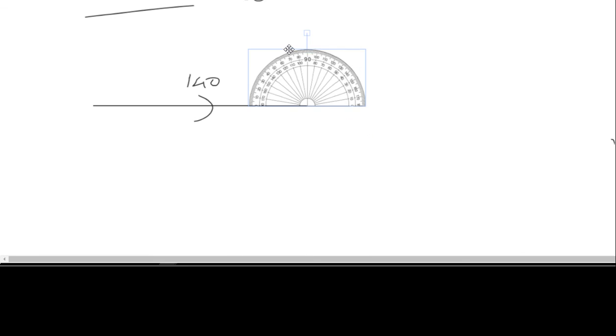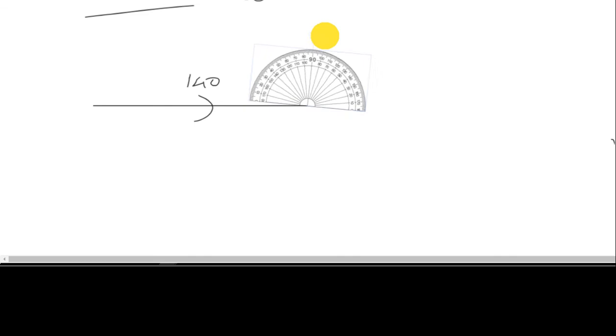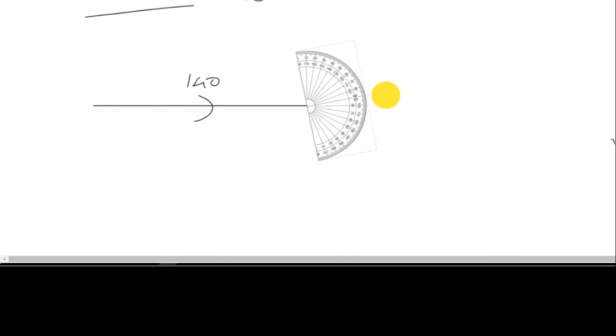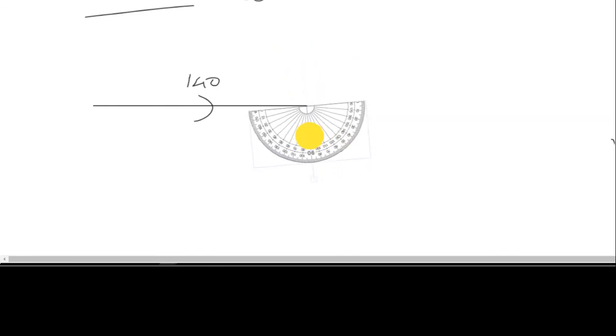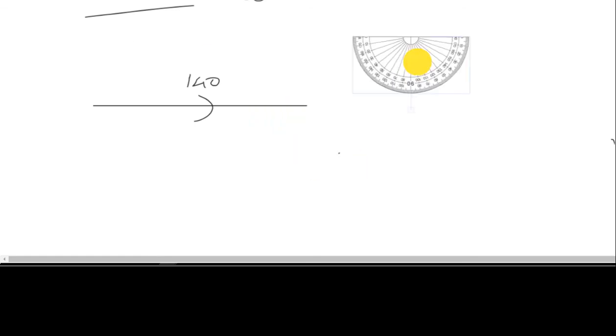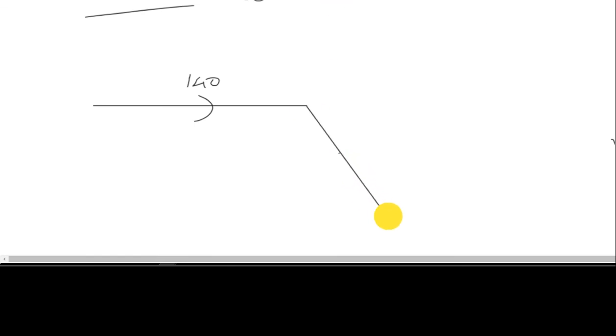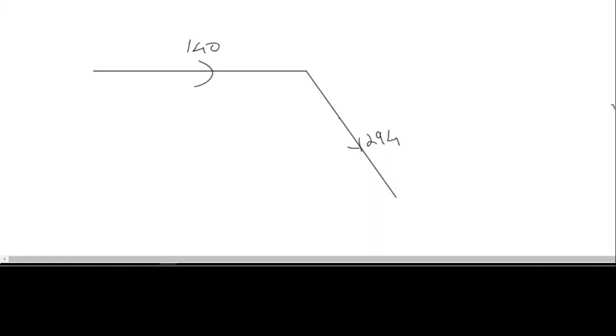So if you place it here, another 56 you have to take, 180 plus 56, so it will come at around here, 236. So this will be that line, and that should be scaled to 294. I'm not scaling, but you should scale it to 294.